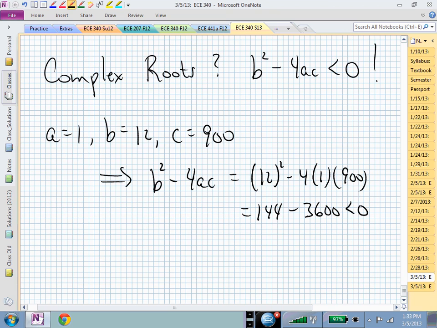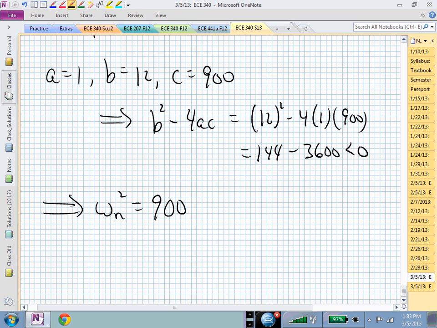And in fact, if we now looked at this, the natural frequency squared is 900, or what is the frequency associated with this complex factor? It's the square root of 900, or now we have a pole or two poles that are 30 radians per second away from the origin.